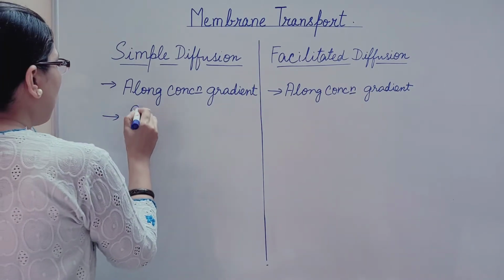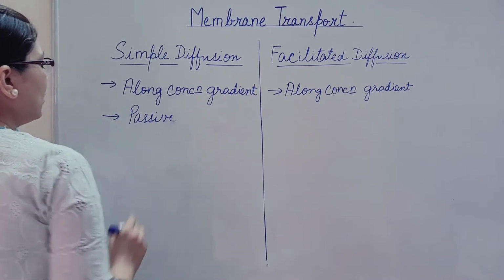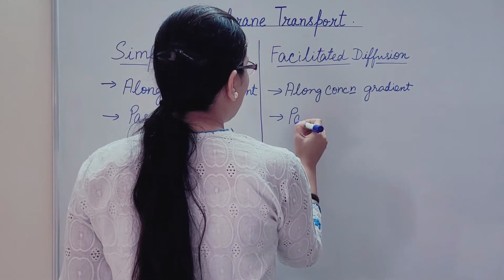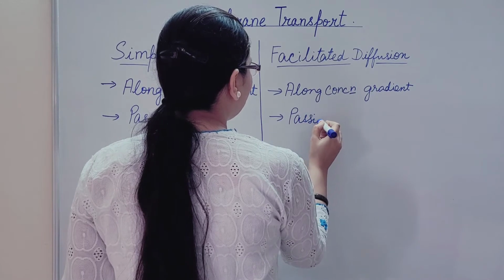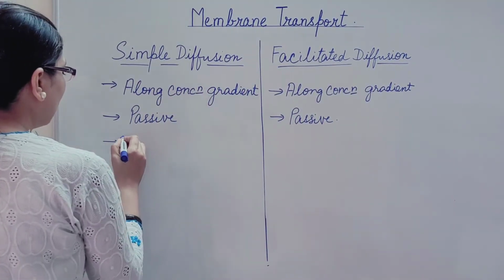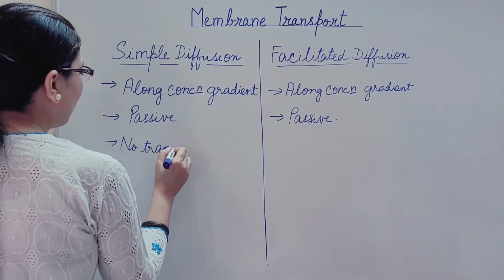Simple diffusion is passive because energy is not used. Facilitated diffusion is also passive. In simple diffusion, no transport proteins are involved.